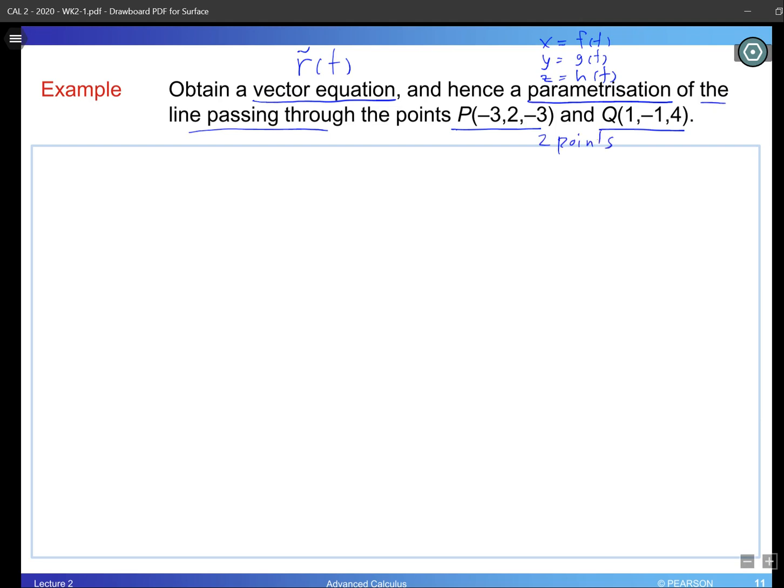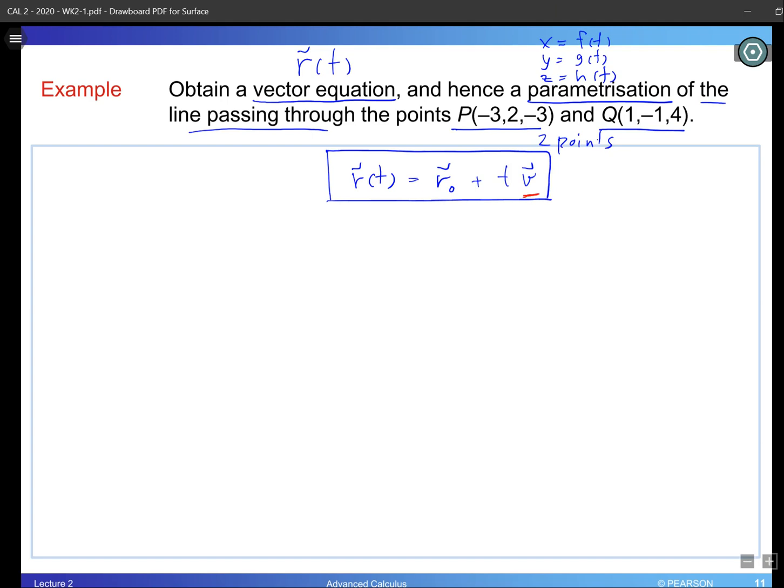So let's go back to the main equation for the vector equation, which is r of t equal to r0 plus tv. As you can see here in this formula, we need vector v, but it's not given to us. So that means we have to find this vector v.